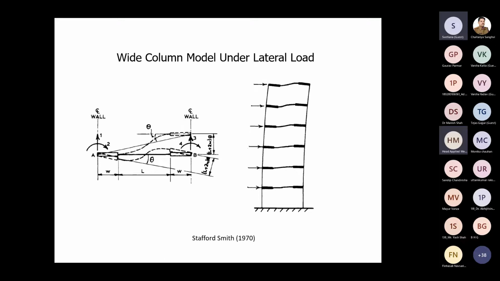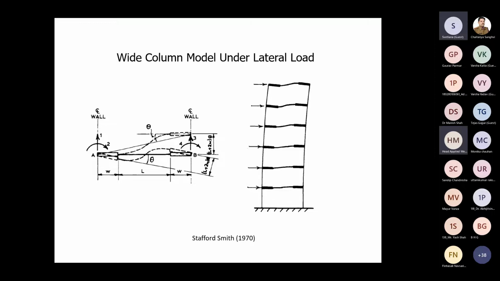Now, the idea is that the connections between the wide columns and these horizontal beam elements are rigid. Therefore, we would have bending at the interface. You can see on the left-hand side the deformed shape of this horizontal element with these two center lines.